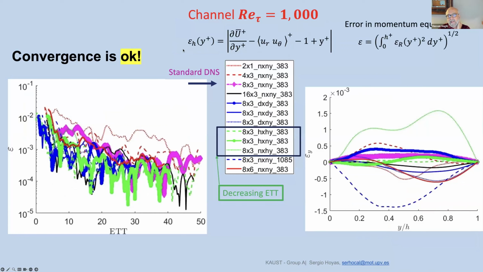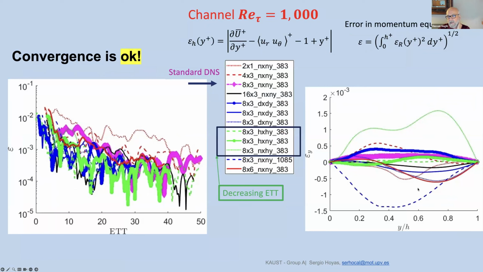We calculate an epsilon between the expected mean shear, which is the linear shear distribution in the pipe flow or channel flow, this is channel, compared to what you get from the DNS computation. And you integrate from 0 to H plus, or from 0 to R plus.